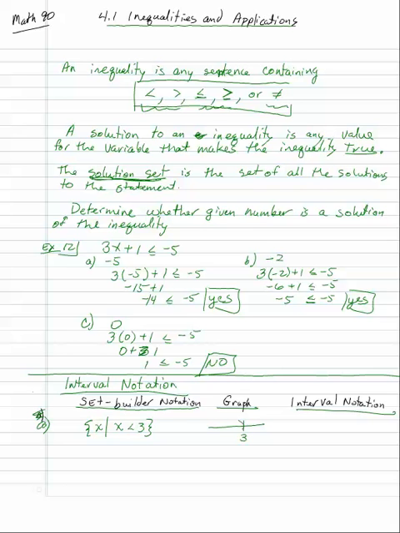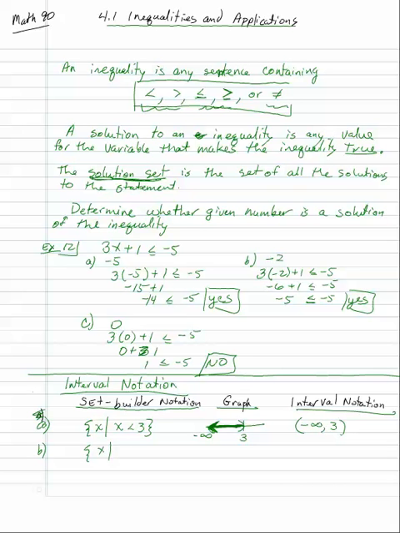This book uses a parenthesis. So that's the other common way to do it. And then you shade to the left. In the interval notation, it's like reading the number line from left to right, and you're starting here at negative infinity, and you're stopping at 3. You can put parentheses like that.